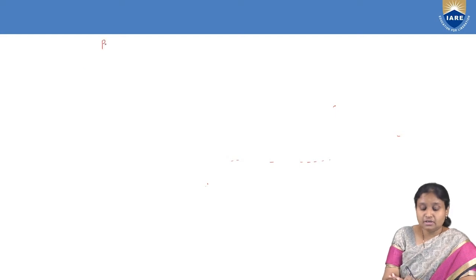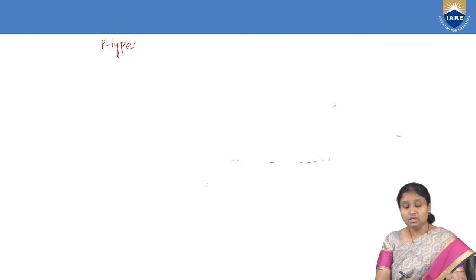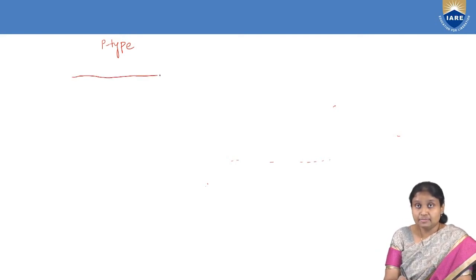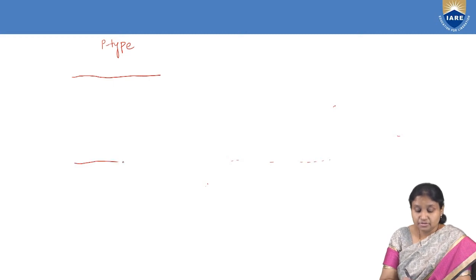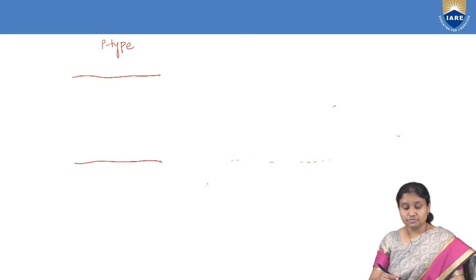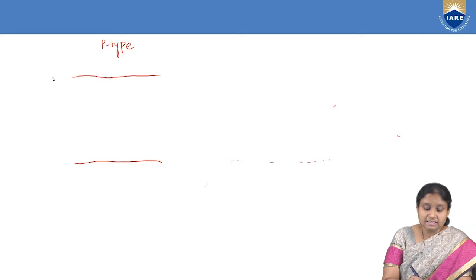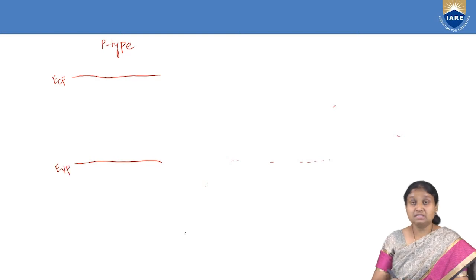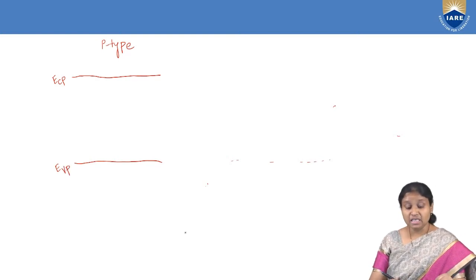So here I've taken a p-type semiconductor. I'm going to draw the conduction band and valence band in the p-type semiconductor. This I'll call ECP, and this I'll call EVP.